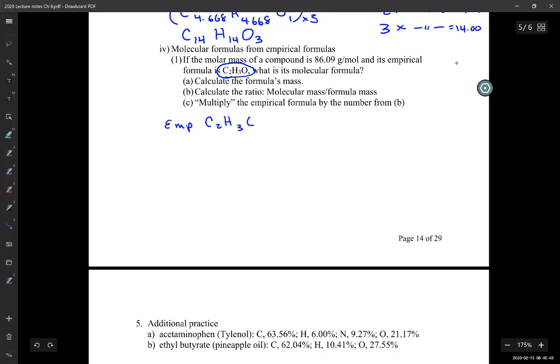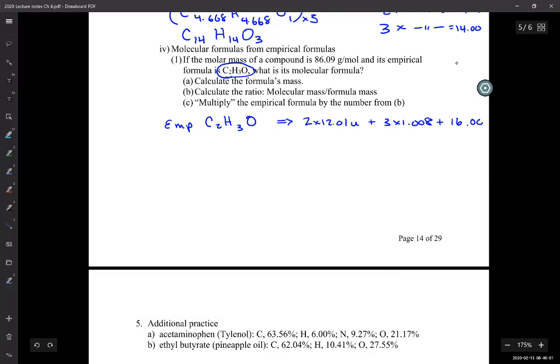And then O. What I'm going to do is figure out its mass. So I'm going to take 2 times 12.0, or actually you will, because I'm not going to do it, atomic mass units, plus 3 times 1.008, that's the one in your book, plus 16.